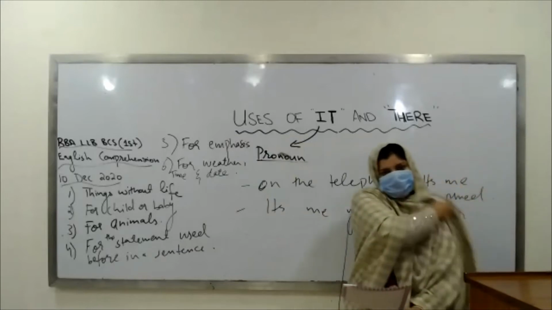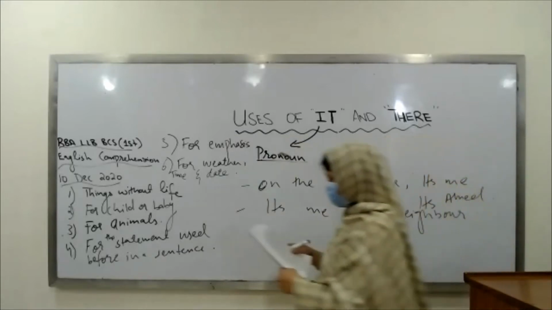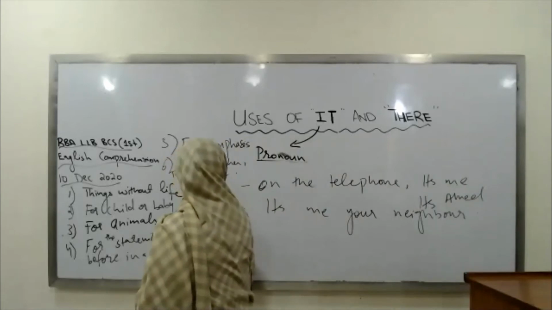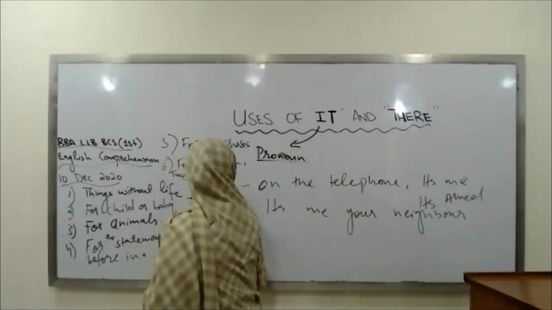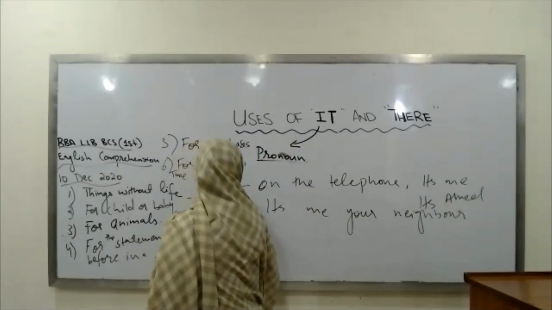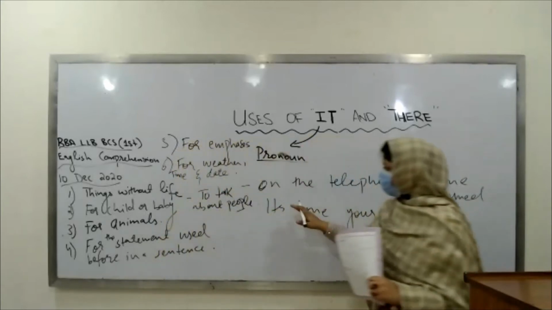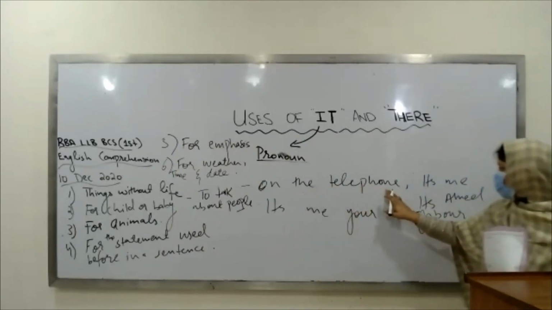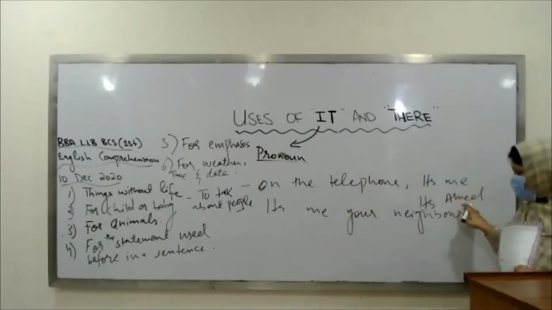Right? So this is the next use of it, which is used to talk about people. Right? So here, while talking about people, you will use it. For example, on the telephone, it's me, it's Ahmed.